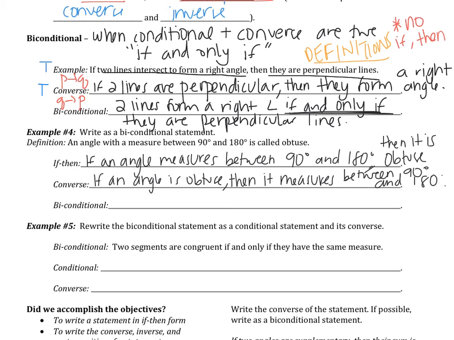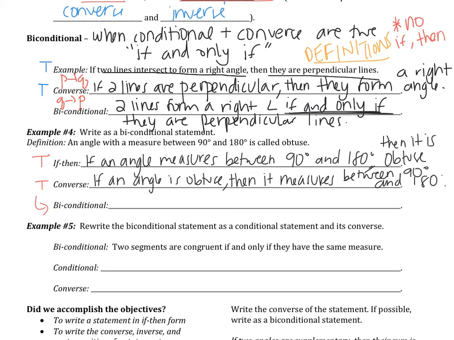Before we even write the biconditional, I want to make sure that we can. You can write a biconditional statement when the if-then, the conditional, and the converse are true. So looking at our if-then statement, if an angle measures between 90 and 180, then it is obtuse. That's true. If an angle is obtuse, it measures between 90 and 180. That's true.